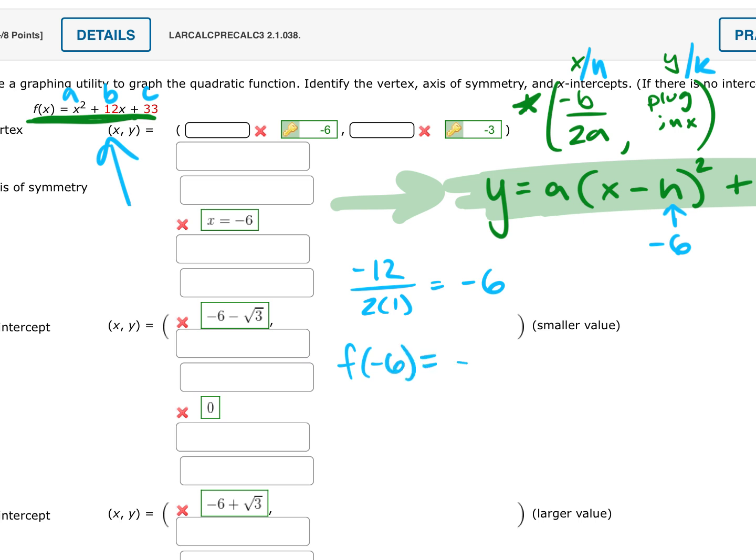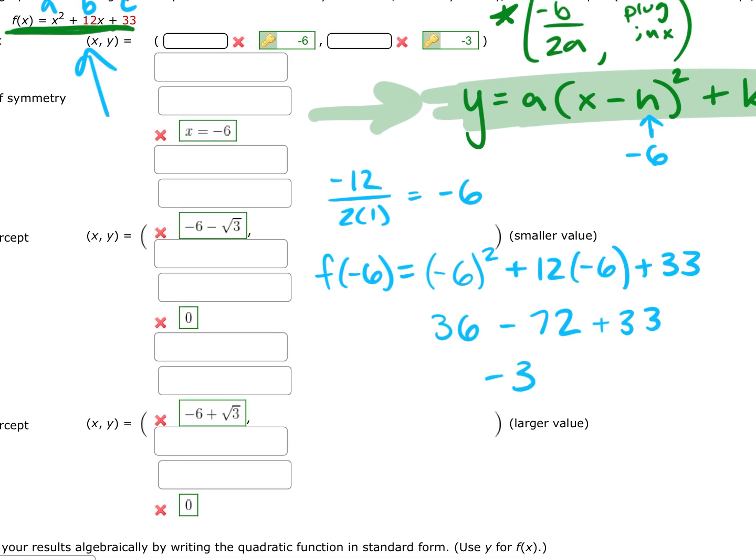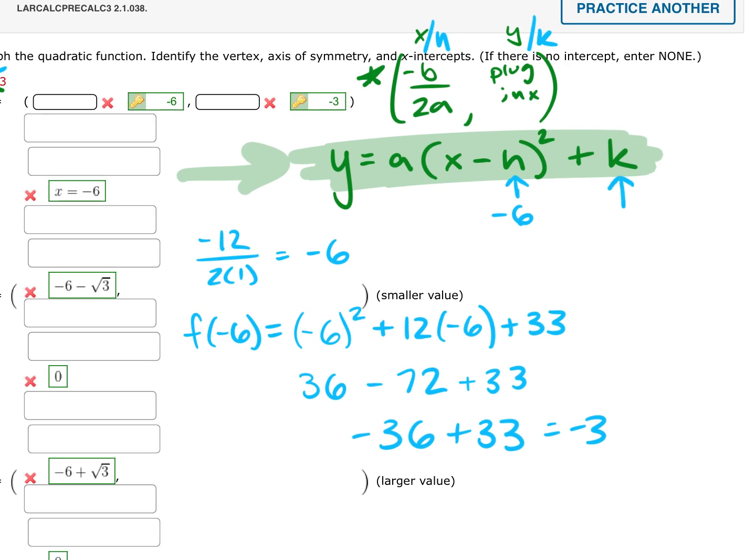So that would be negative 6 squared plus 12 times negative 6 plus 33. So 36 minus 72 plus 33. Negative 36 plus 33 would be negative 3. So negative 3 is our k.